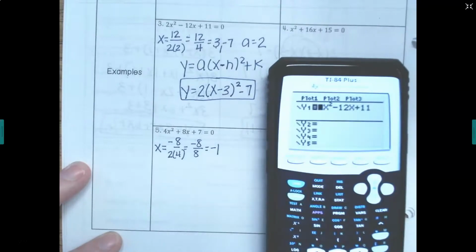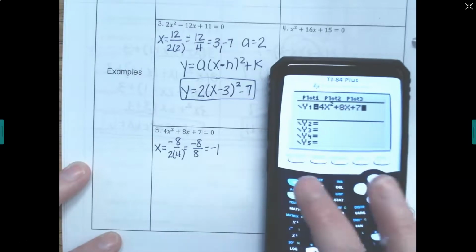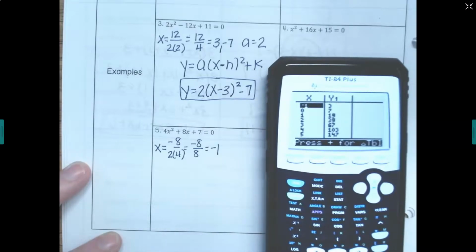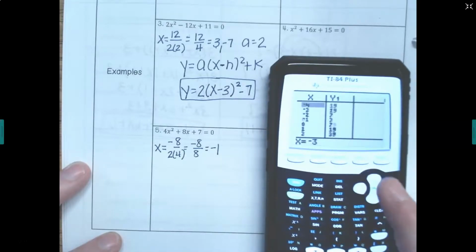And we'll put this into the calculator for x squared plus 8x plus 7. Go look at your table of values. If x is -1, it looks like our y value there is 3.